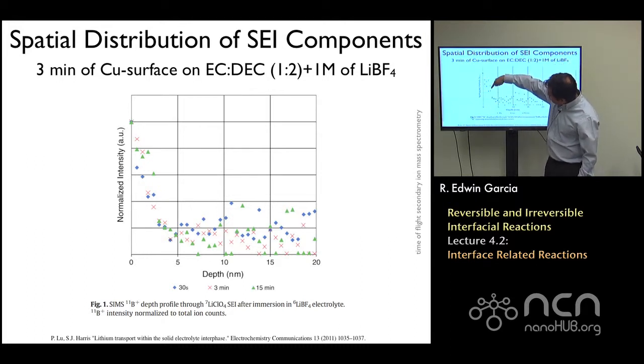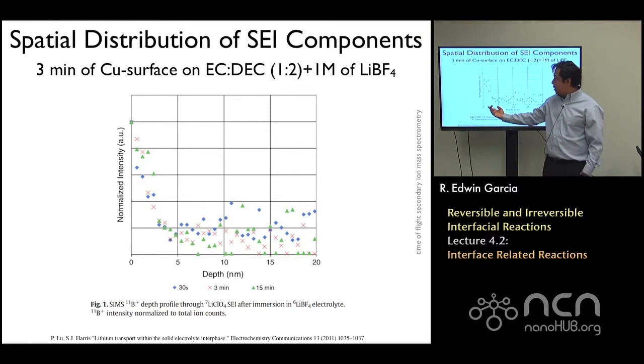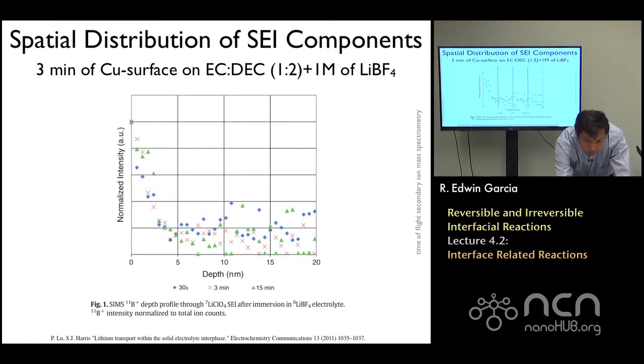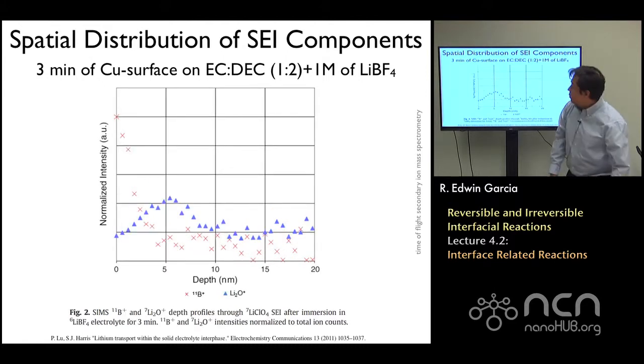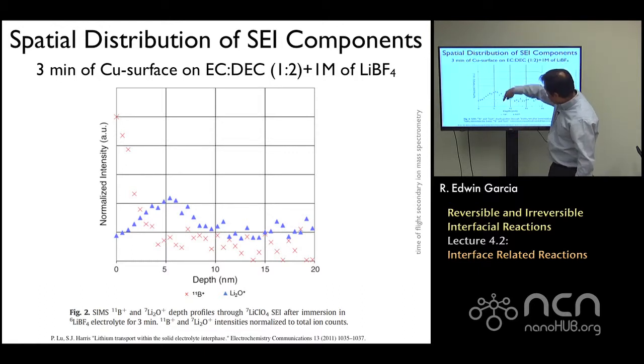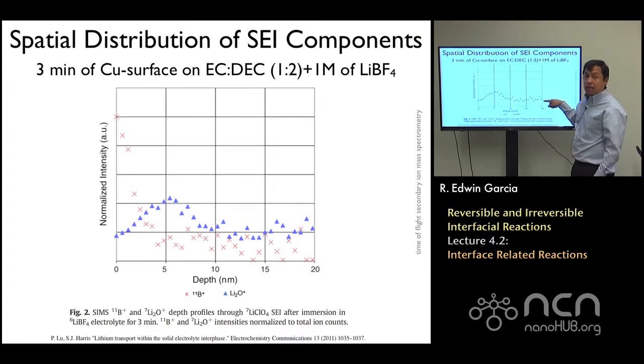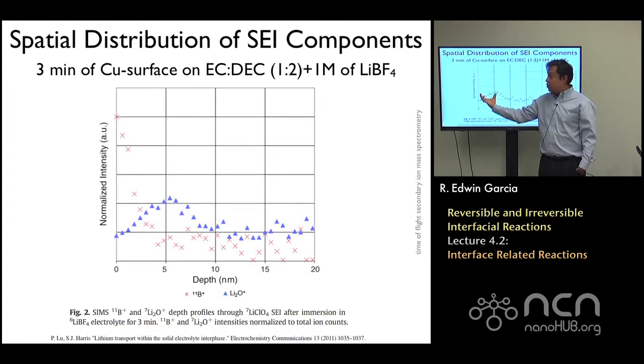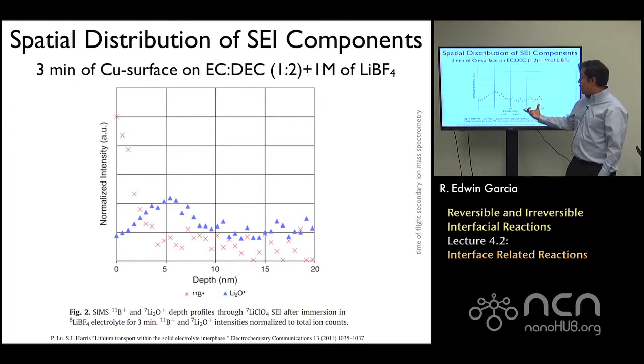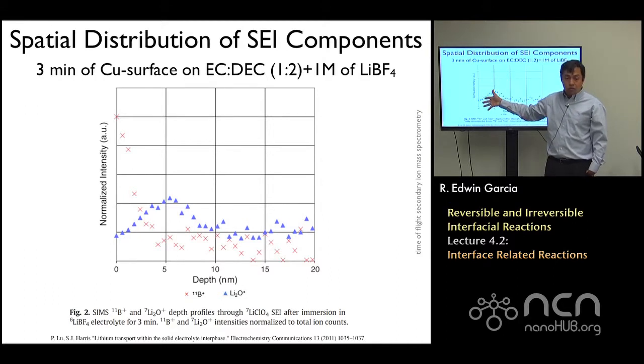That dense structure basically specifies something much more complex than we thought. Now, in this case, you can see that depending on how it was created, you have the B plus ions over here, and the lithium oxide ions, how it's actually depleted here, goes through a maximum and then goes down to a baseline level, really suggesting that all the action is occurring in this area, and then down here where it's much more porous, it's really just a buffer zone where material is coming in order to react.